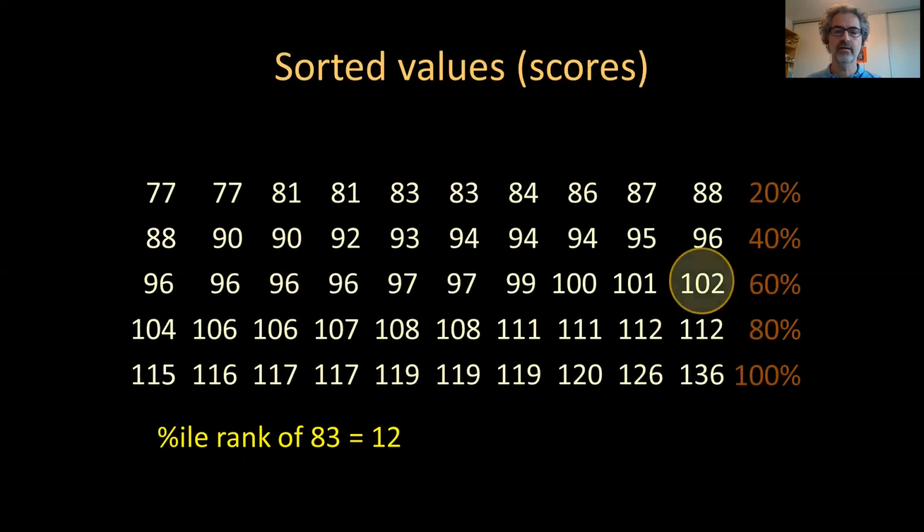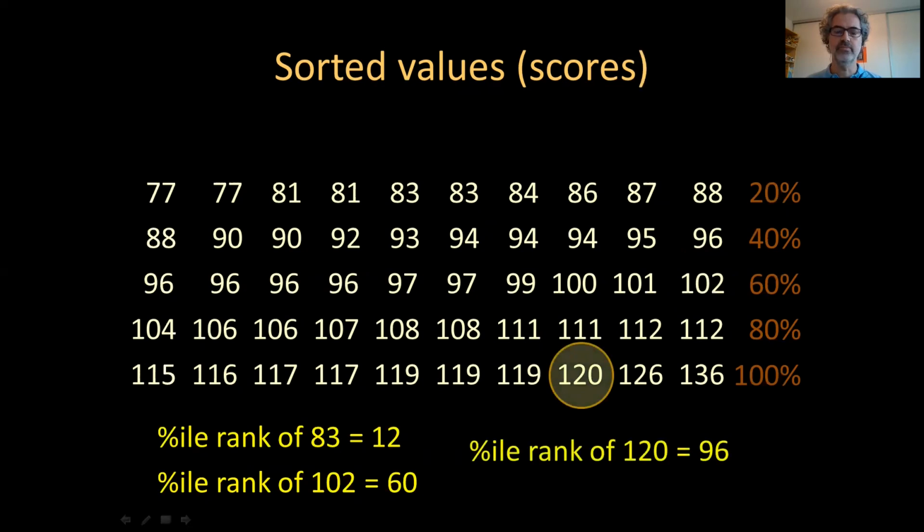The percentile rank of 102, this value here, which is greater than or equal to 60% of the data, is 60. The percentile rank of 120 is therefore 96. There is 4% of the data above it and 96% of the data below or equal to it. So the percentile rank of 120 is 96. Obviously, the percentile rank can be between 0 and 100.